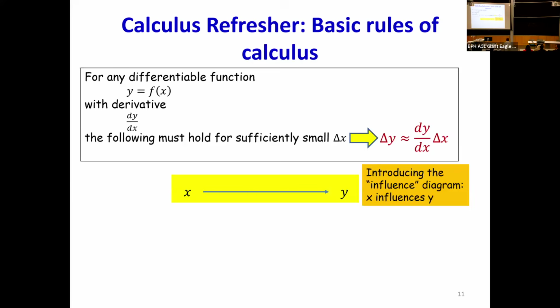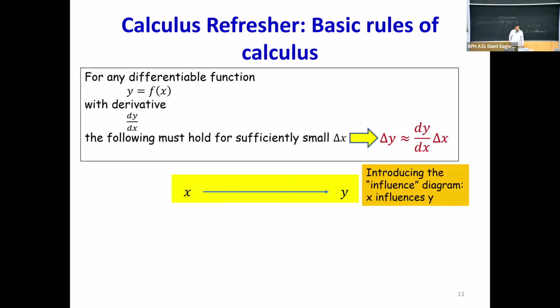Nothing new. I can represent this using a little picture. The notation is as follows. When I write y equals f of x, what we are saying is that x influences y. Changing x will change y. And specifically, the manner in which it influences it, I'm going to represent using the derivative of y with respect to x.